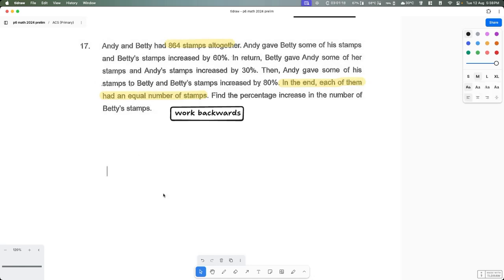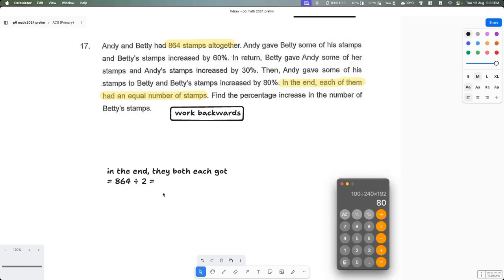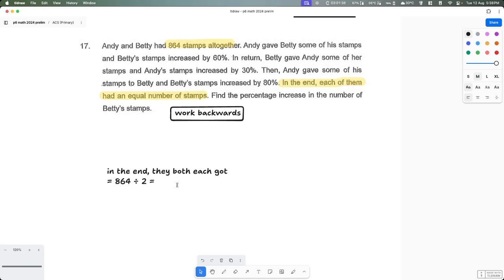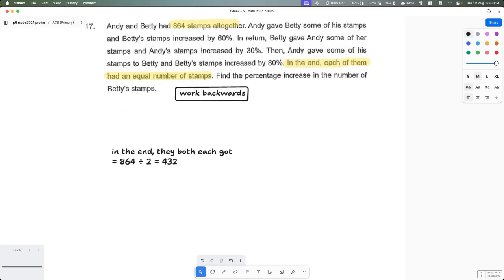So in the end, they each got 864 divided by 2, which is 432.